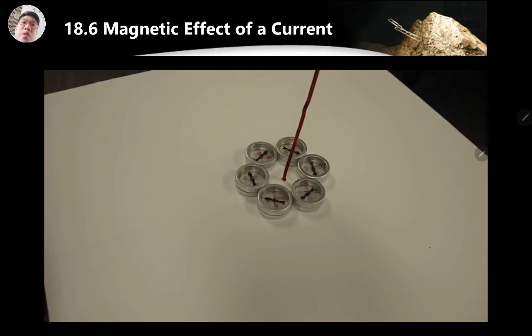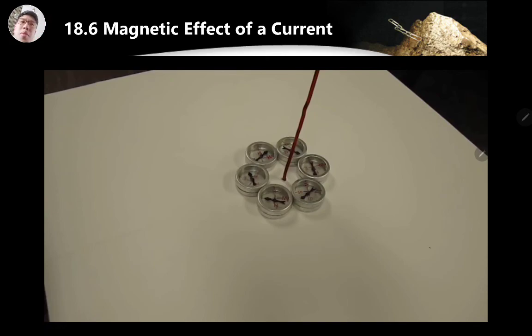And just as it was revolutionary then, it will be revolutionary for you, and this is a new concept, and you really need to remember this idea that it is formed around a current carrying conductor.